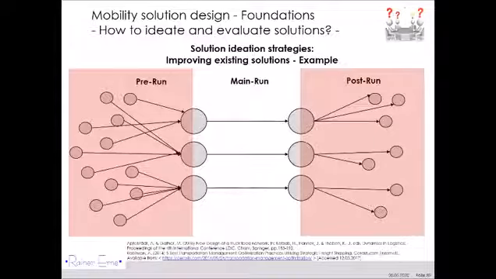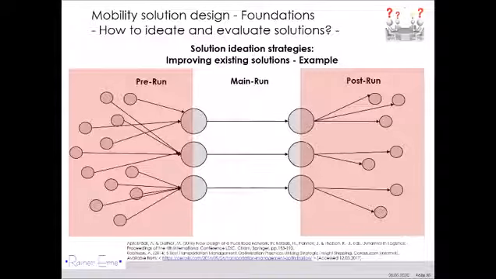There is the pre-run, where you, for example, drop a parcel in a DHL station, and then they bring all the parcels to a central hub, and then there starts the main run, also to another hub, and then it's distributed in the post-run to the other stations of DHL.